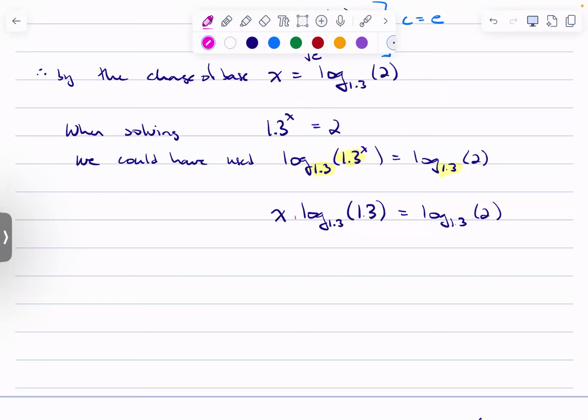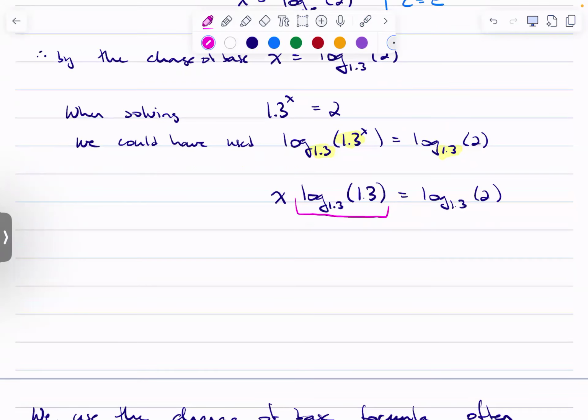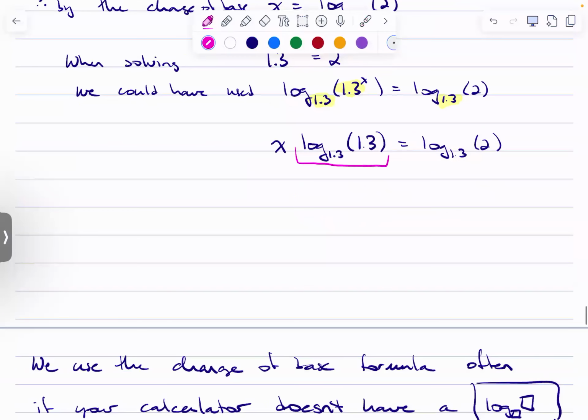Let's use pink. What if you rewrite this as an exponent? 1.3 to the power of something has to be 1.3. And so here, the log base 1.3 of 1.3 is equal to question mark.